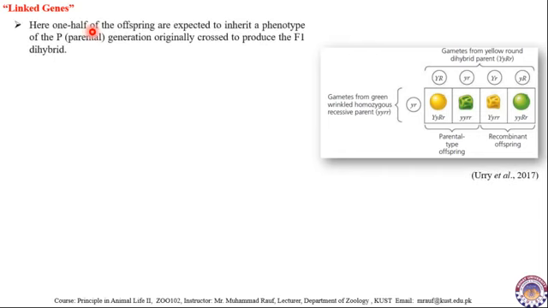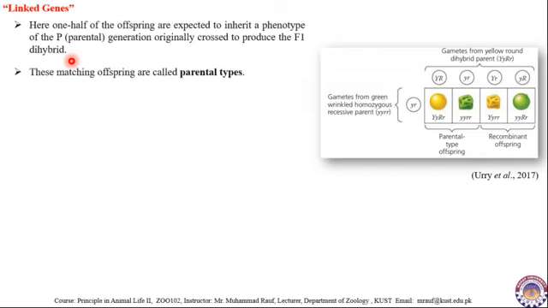Here, one half of the offsprings are expected to inherit a phenotype of the parental generation originally crossed to produce the F1 dihybrid. Means 50% of the individuals will resemble either parent of P generation.